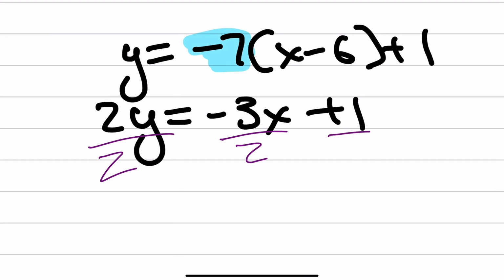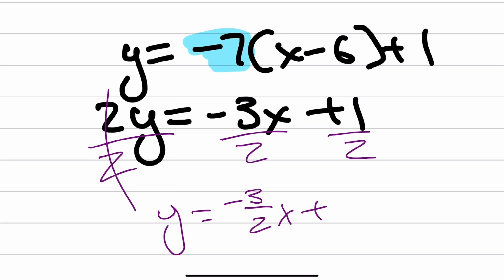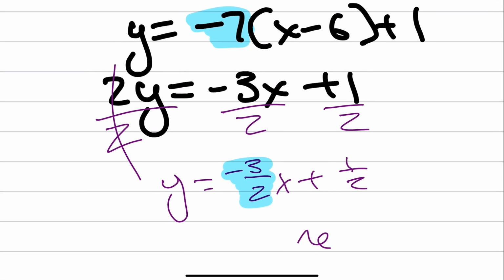Divide by 2, divide by 2. So that's going to leave us with y equals negative 3 over 2x plus 1/2. Well, this is our slope after we changed it, and those aren't anywhere near the same, whatsoever. So that's telling me that this is going to be a neither question.